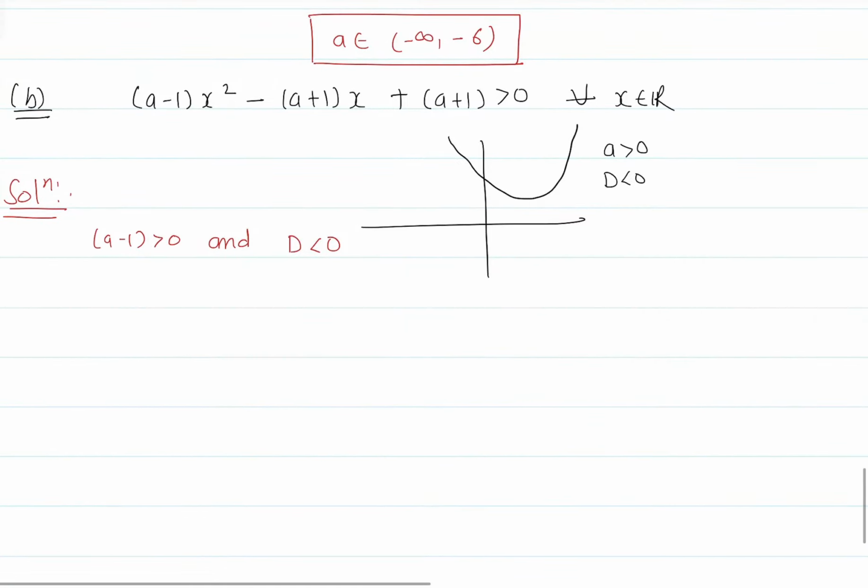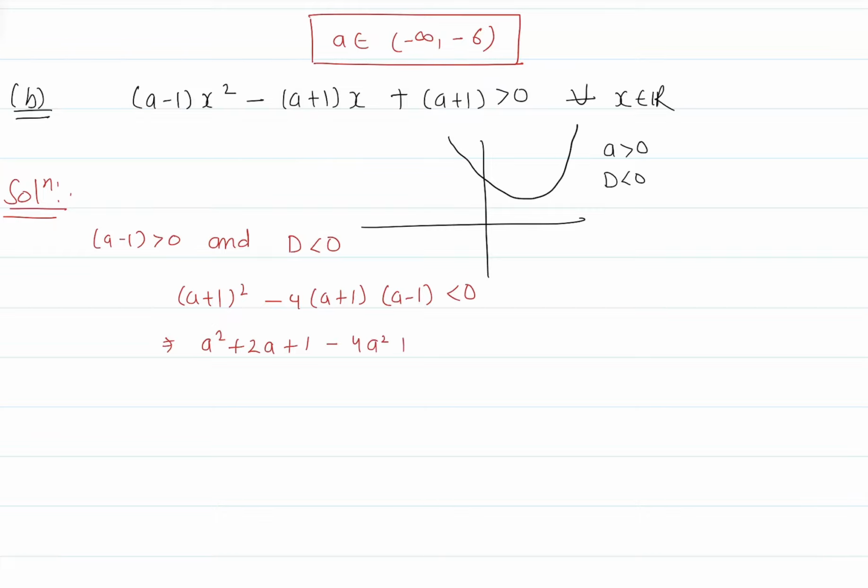So first we solve it for d. (a plus 1) whole square minus 4 multiplied by (a plus 1) multiplied by (a minus 1) is less than 0. We simplify it, we get a square plus 2a plus 1 minus 4a square plus 4 is less than 0. We get minus 3a square plus 2a plus 5 is less than 0.